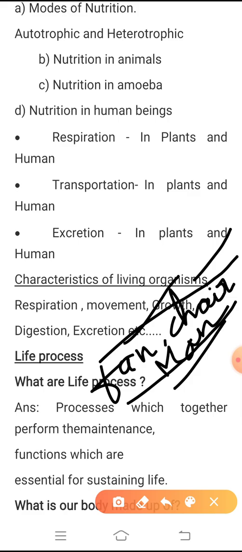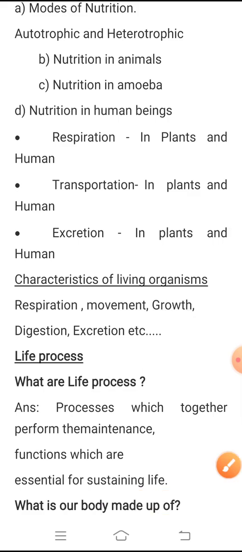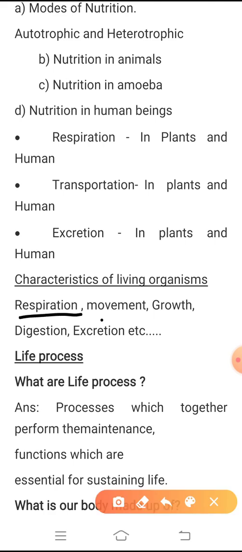Exactly, we can classify living things because they are classified on the basis of some characteristics. Living organisms show some changes. Some of the characteristics which we can see in living organisms are respiration, movement, growth, digestion, excretion, transportation, circulation.